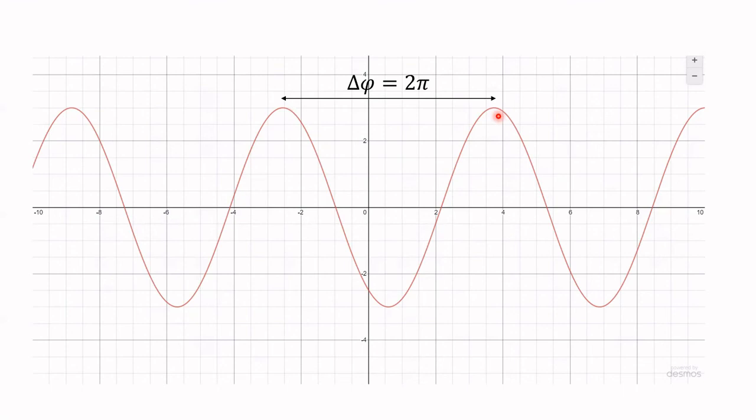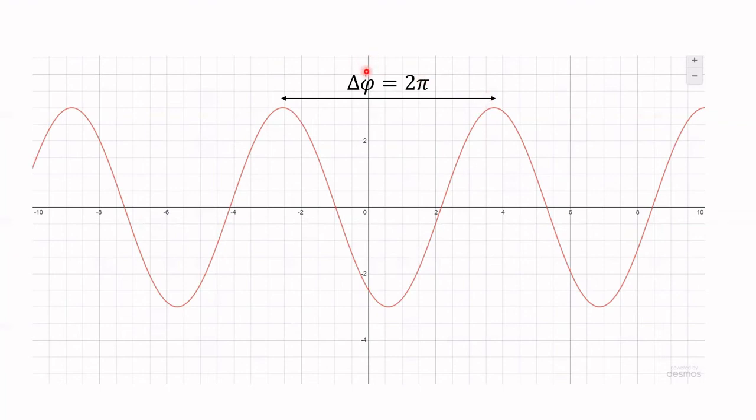Same as increasing by 360. So whatever this angle is, if I increase by 360 degrees, that brings me here. I've gone through one wavelength. So once again, going from peak to peak or trough to trough requires that the argument of sine or cosine increase by 2 pi radians, or I should say the phase increases by 2 pi.